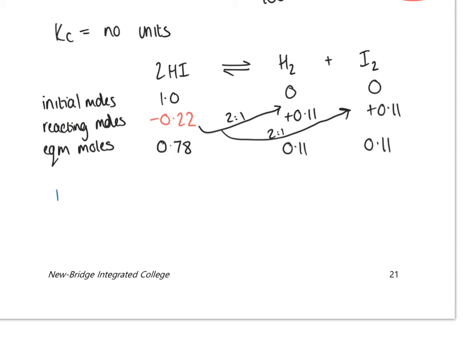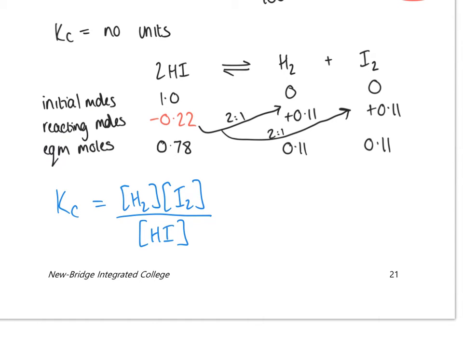So looking at my equation, remember Kc is the concentration of your products over your reactants. So it's going to be concentration of hydrogen times concentration of iodine over concentration of hydrogen iodide, but what do I need to do to that value? I need to square it because my balancing number is 2.